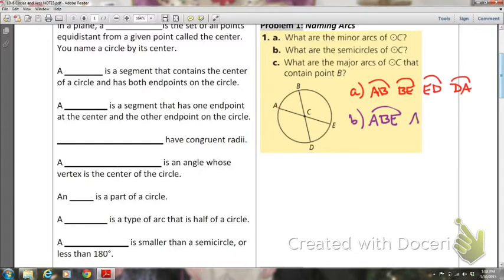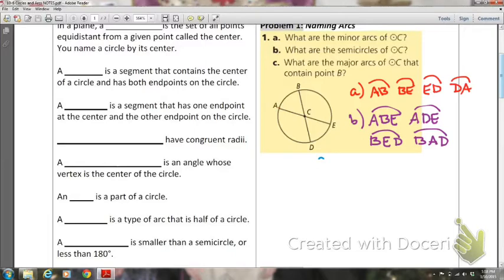So if I start with A and go down to D and end at E, that is another semicircle. If you start with point B, go to the right through E and end at D, that is one semicircle. And if I had started at B, gone to the left through A, and then ended at D, that's a different semicircle. So those are the semicircles that are part of that circle.